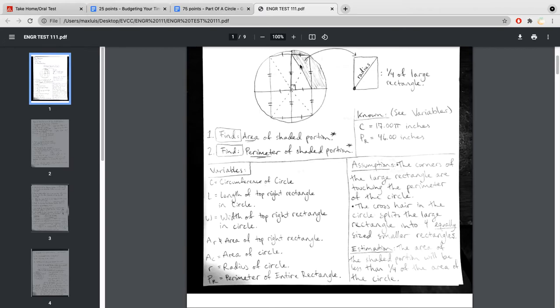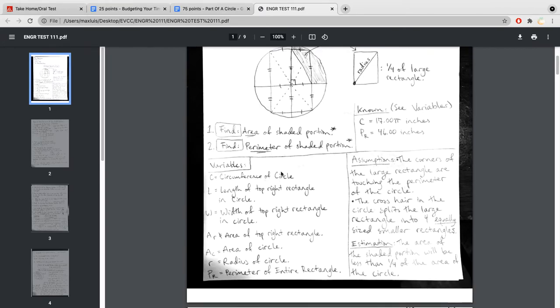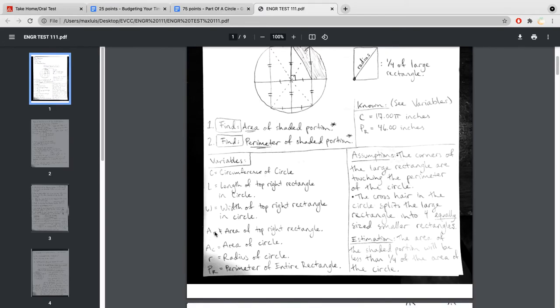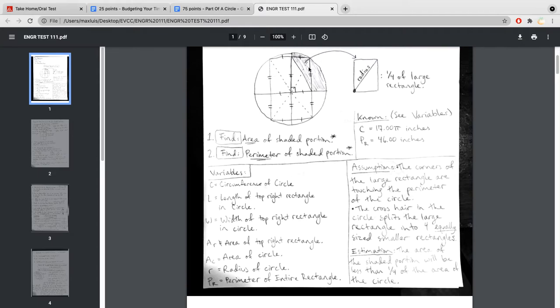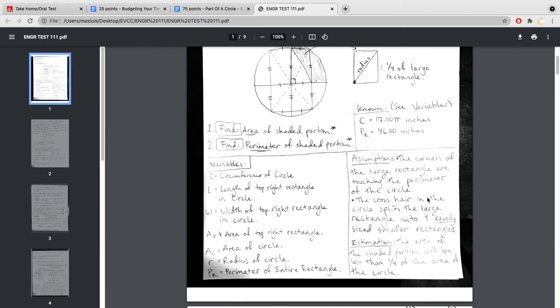W is the width of this rectangle, and A subscript R is the area of the top right rectangle, AC is the area of the circle, R is the radius of the circle, and P subscript R is the perimeter of the entire rectangle.